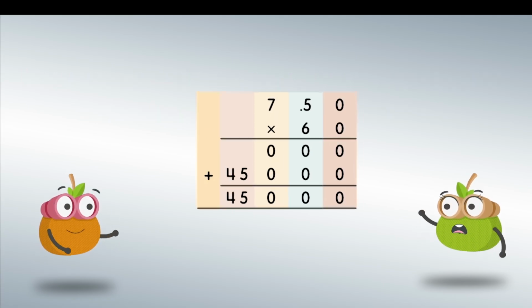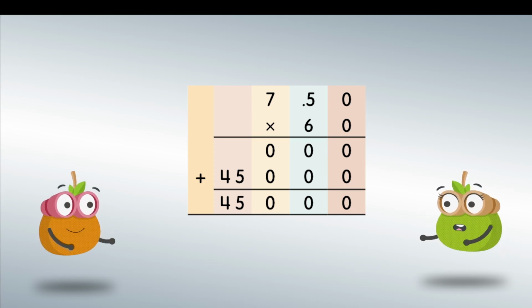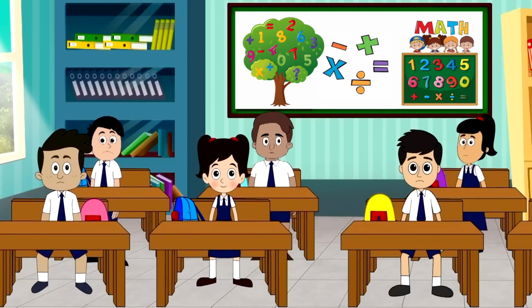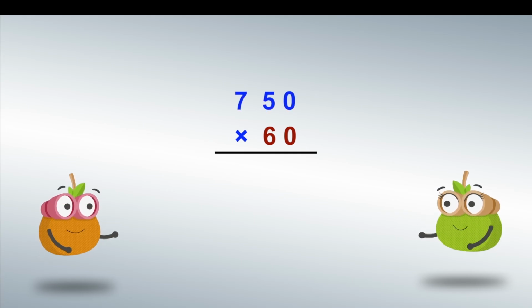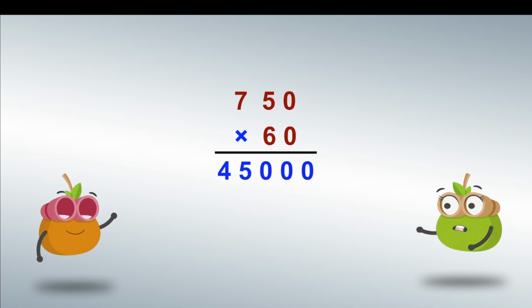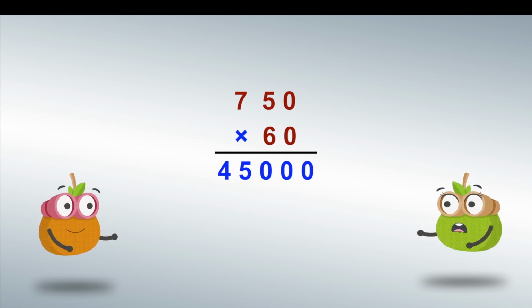The multiplication of decimals is the same as simple multiplication. We only need to learn how to put a decimal point after the multiplication. After multiplying 750 by 60, we will get 45,000. Count the decimal places.